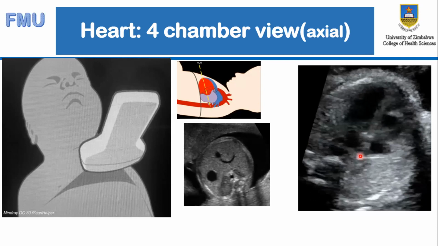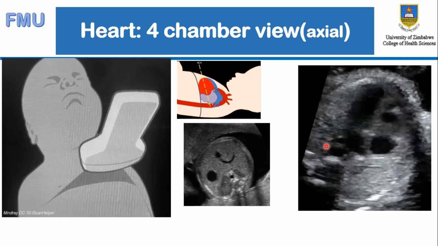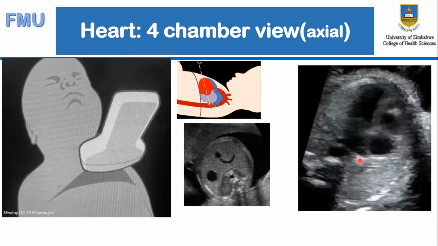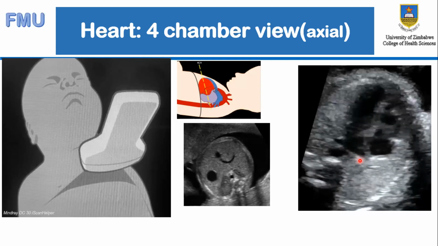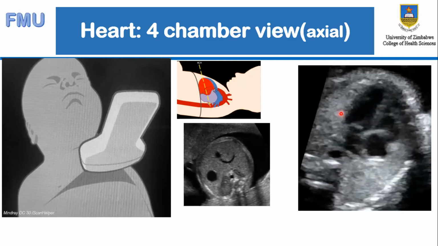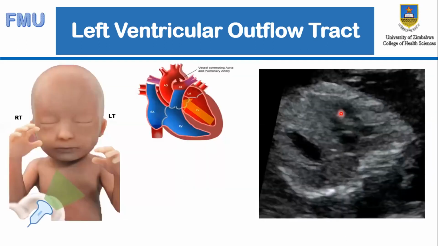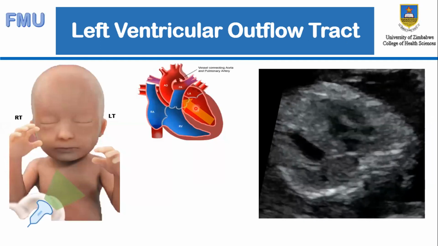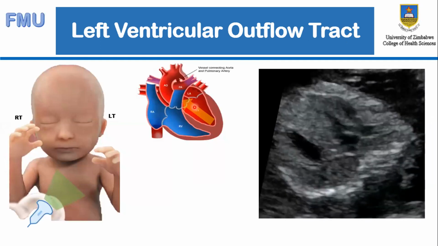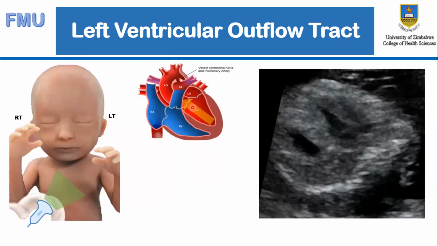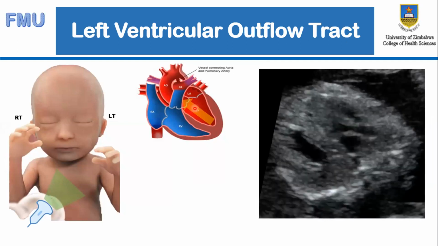Then from there, we slightly rotate our probe towards the fetal right shoulder, and then we tilt it upwards in order for us to get a view of the left ventricular outflow tract. So for the left ventricular outflow tract, we want to see the aorta coming from the left ventricle, rather the morphologic left ventricle giving rise to the aorta.